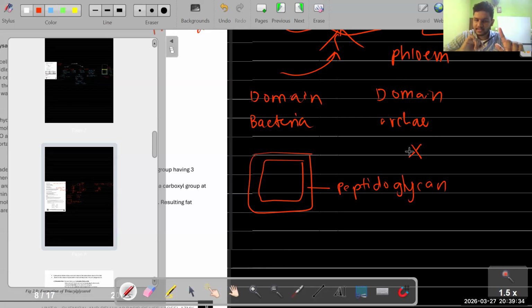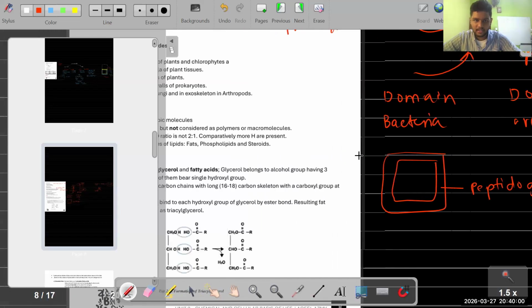Eukaryotes are domain eukarya. In prokaryotes, for which domain is peptidoglycan present in the cell wall? Domain bacteria, exactly. Is it present in domain archaea? No.